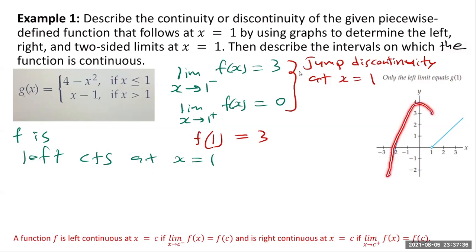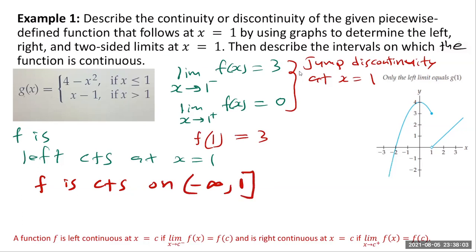So your function is continuous on the interval from negative infinity to 1, with 1 included here, because you have the shaded circle. This is closed. 1 is included because this is a shaded circle.